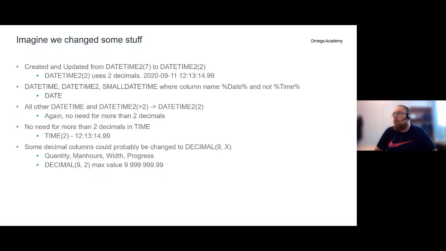Doing some tricks with decimal, so that the quantity and man hours and width, length, kilos, etc. There's no point in having a max value of 10 million or more for kilos. Then you should change to tons instead.